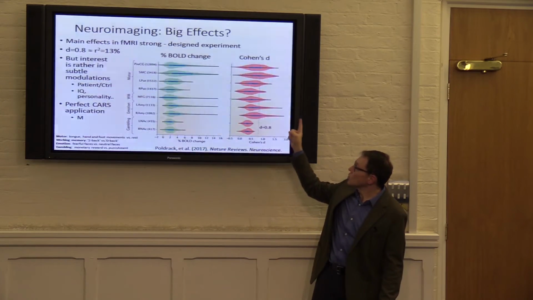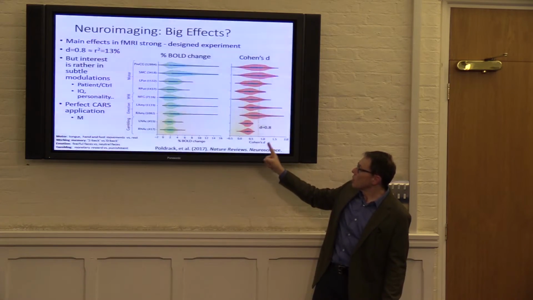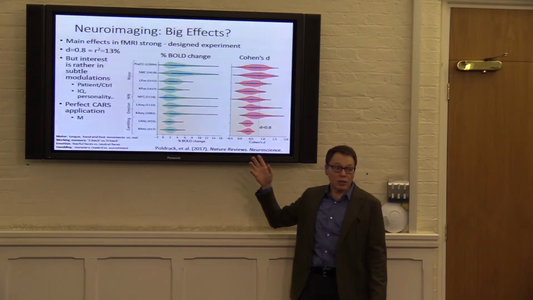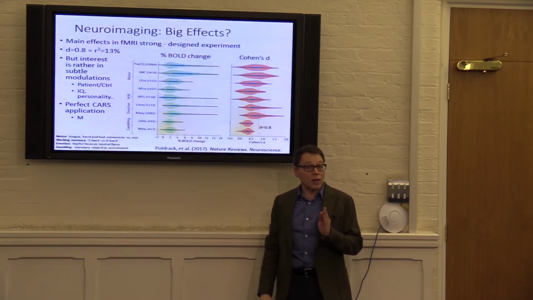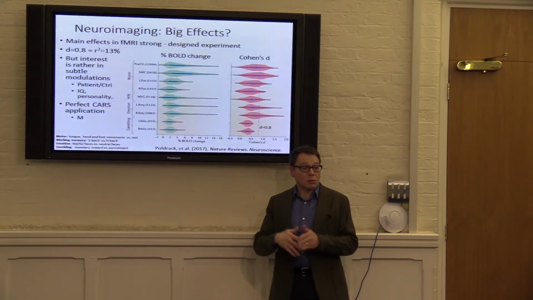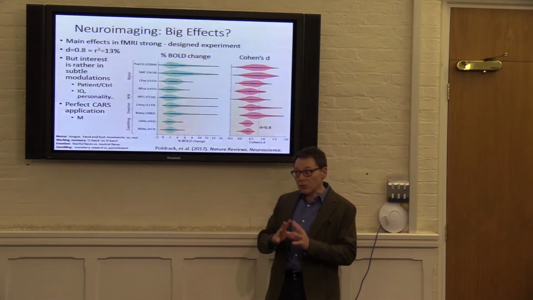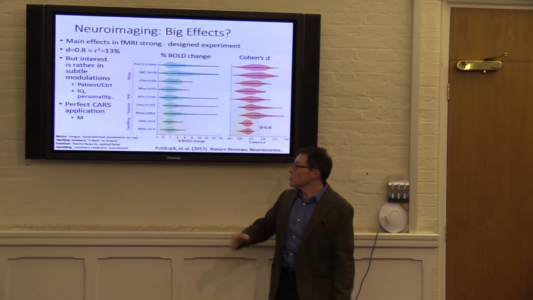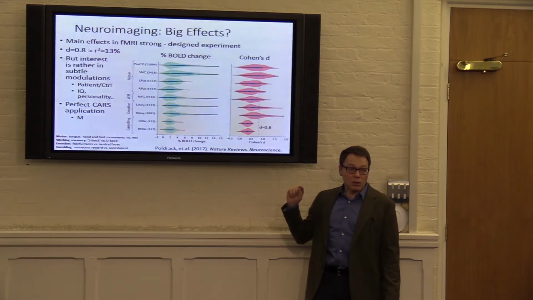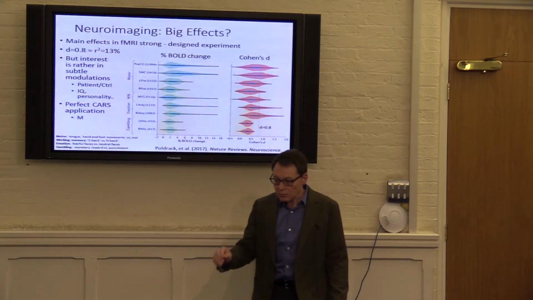There's a distribution of effect sizes, but there are a number of effects where we get an effect size over 0.8. And so this is good. This is saying there's evidence that the T statistic is going to be quite far from zero. There'll be places where it will be exactly zero because there is no brain response, but when there is a response, it should be rather easy to detect.